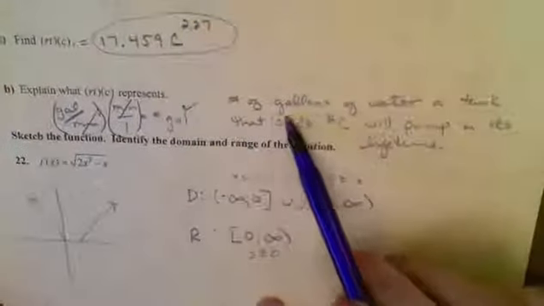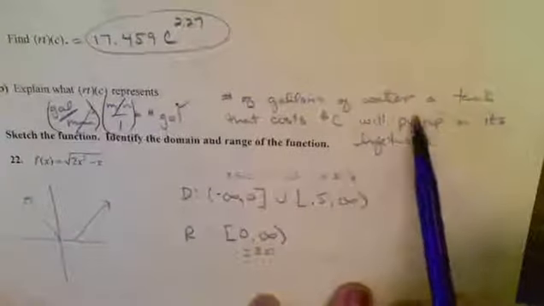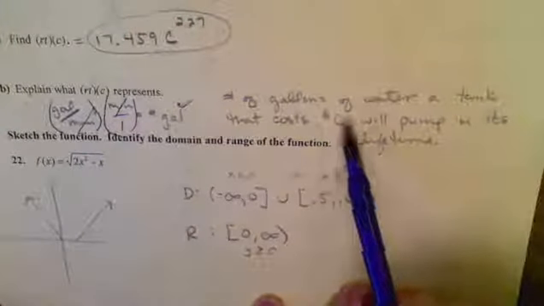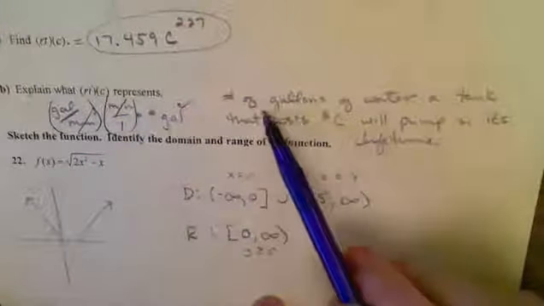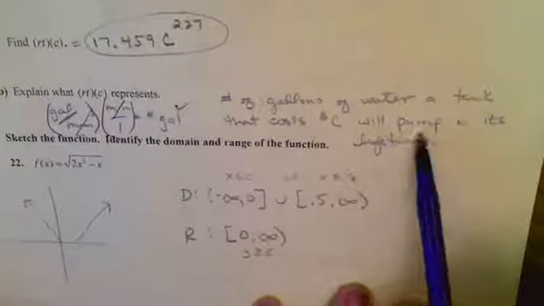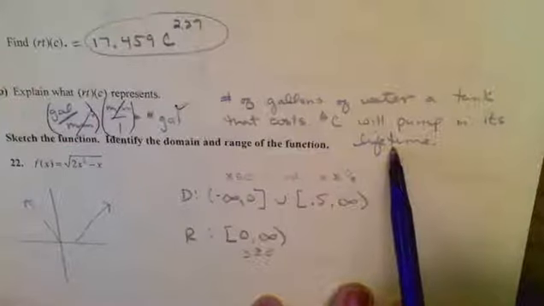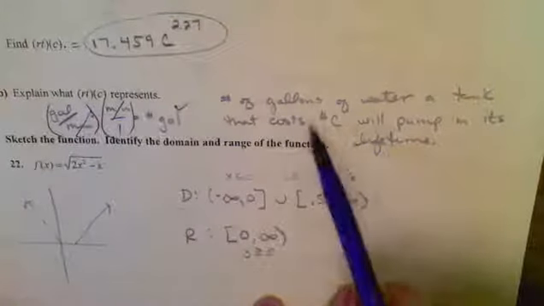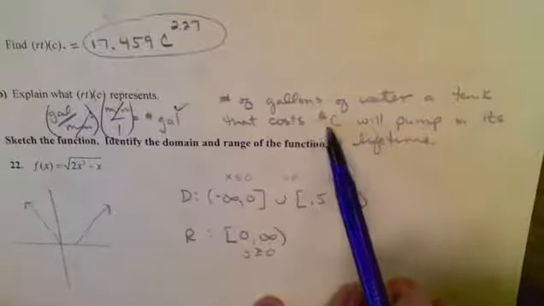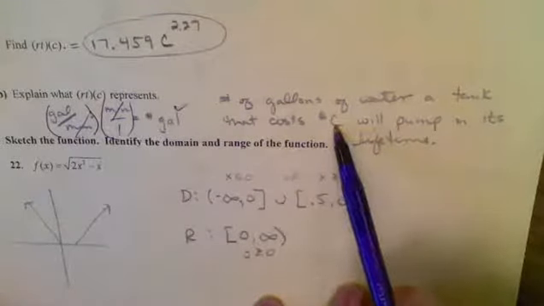Well, it's going to be the number of gallons of water that a pump that costs C dollars, remember C is how much it costs in dollars, will pump in its lifetime. So while it's working, until it breaks down, how many gallons you can expect it to pump if you spent C dollars.